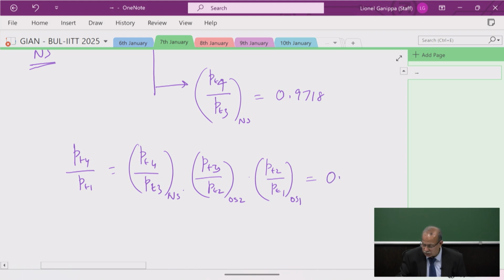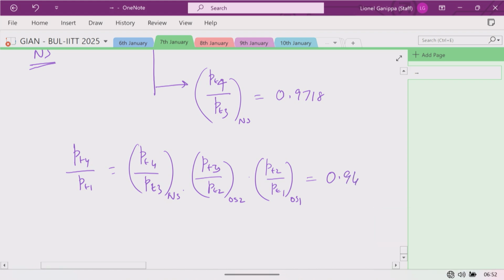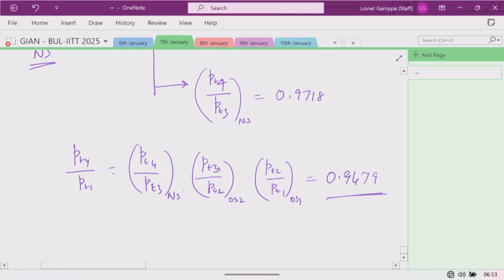What is it? 0.9479. So you can see that you are able to recover much more, so the loss is in the order of 5%. So as a rule of thumb, it's always better to decelerate the flow over a number of shock waves. That's what we learned from this simple example.